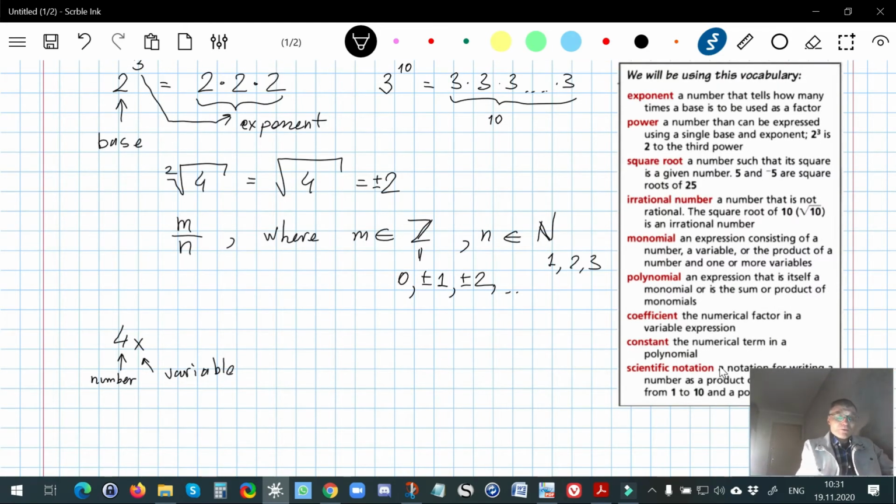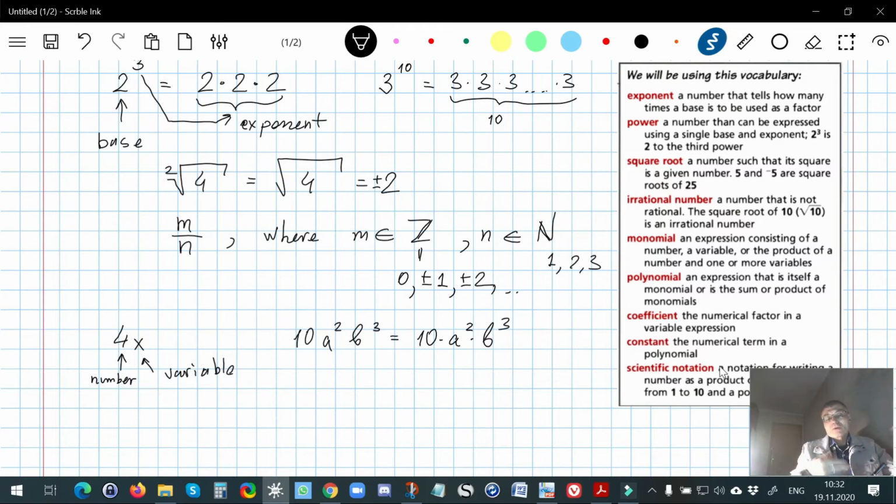A more complex example will be a number, for example 10, a squared b cubed. Here we have two variables. One, namely a, is to the power of 2, and b is cubed, so it's b to the power of 3. And this is a product. Even if I don't write the multiplication sign explicitly, I save myself some time.